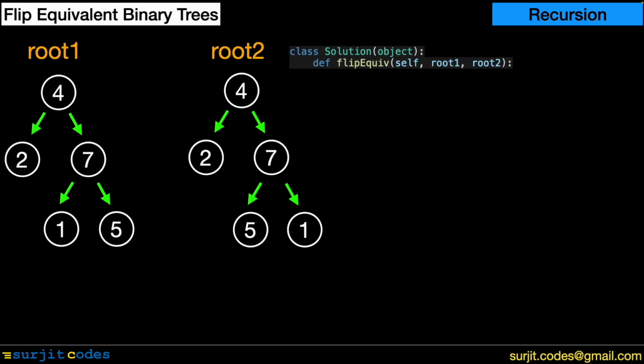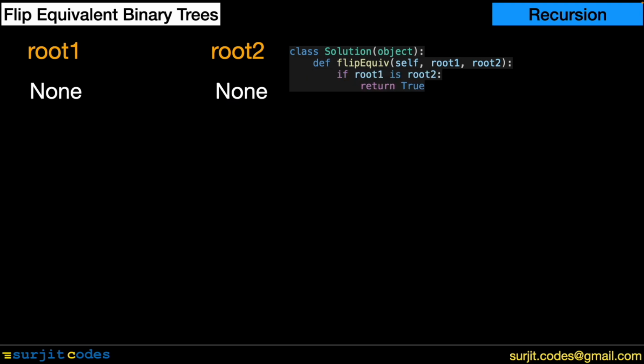It is clear that recursion can be used to evaluate the two trees. Let us first consider some edge cases. If both root 1 and root 2 are same, they both refer to same object. It means a single tree is considered twice. In this case, the two are flip equivalent.